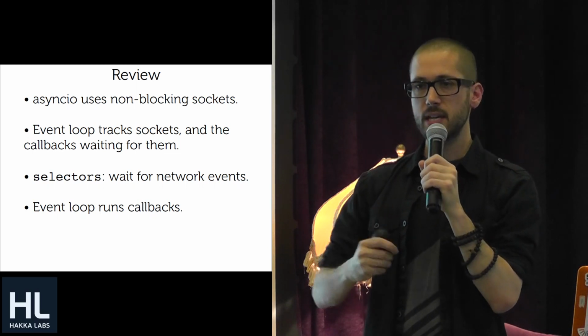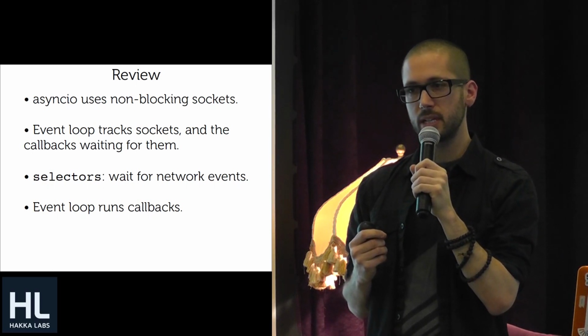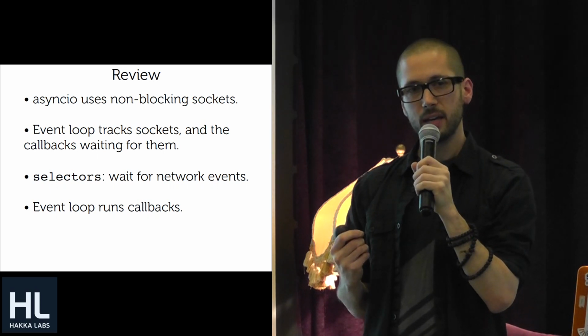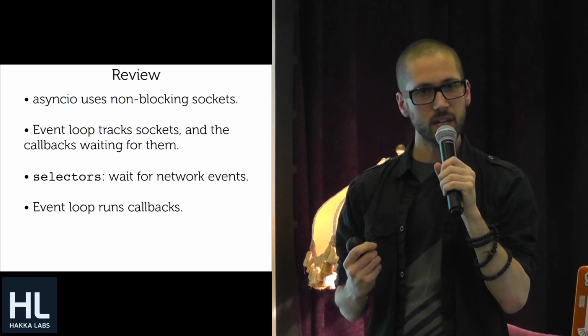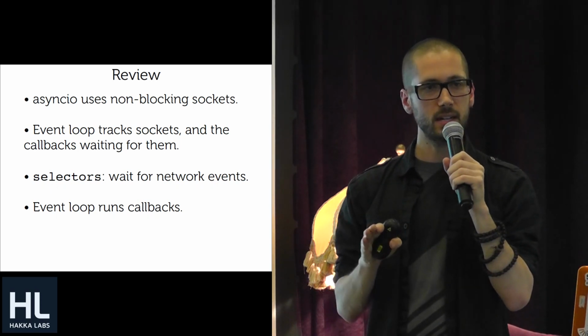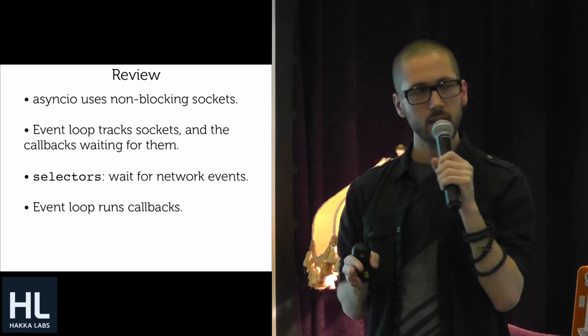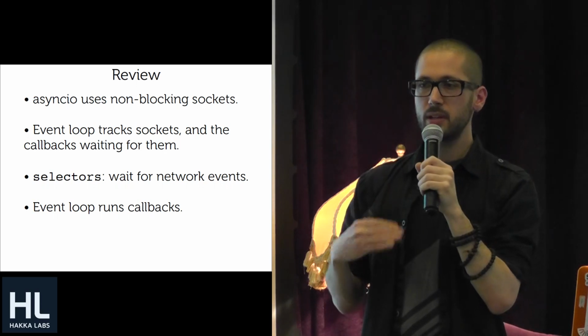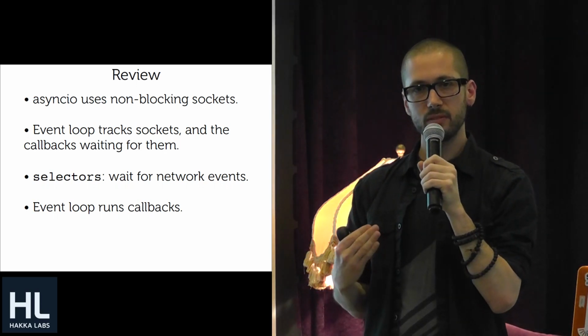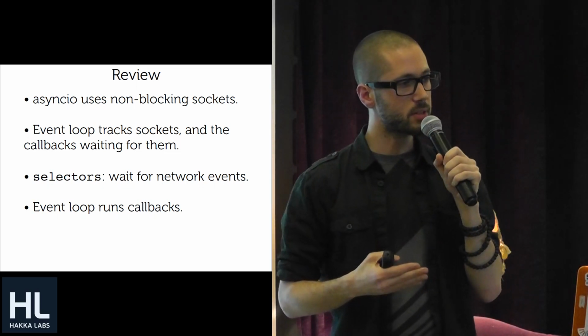And it uses some operating system level API to register for event notifications. And that's all hidden in the magical selectors module, which you don't really have to understand. The event loop uses selectors to receive event notifications and executes callbacks when those occur.